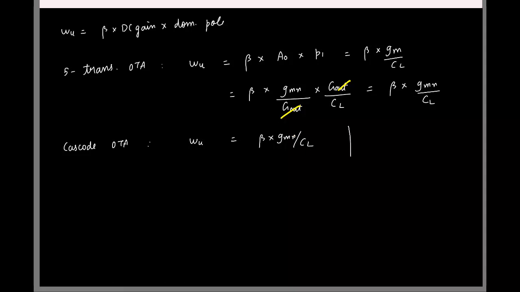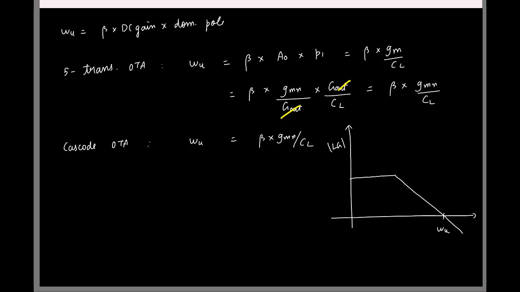So basically, if you sketch the magnitude of the loop gain, so for the 5 transistor OTA, say you have a moderate DC gain, and then it encounters the first pole and then drops off like this. This is my omega u.